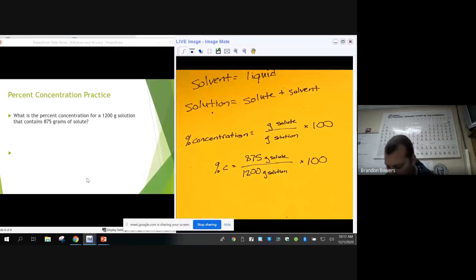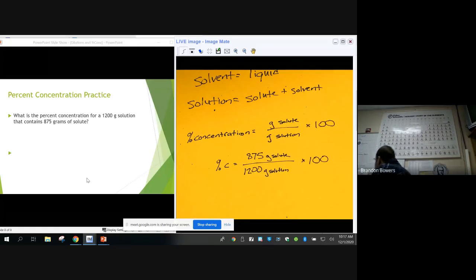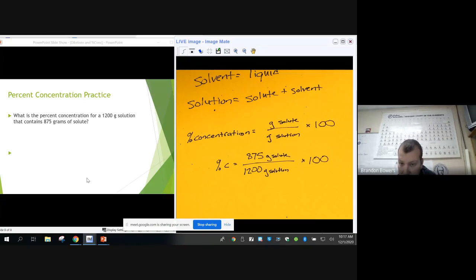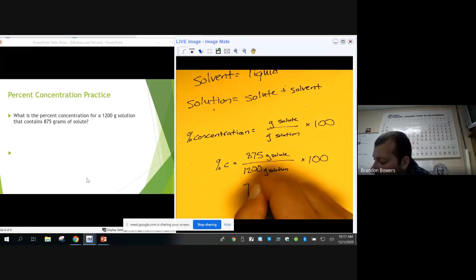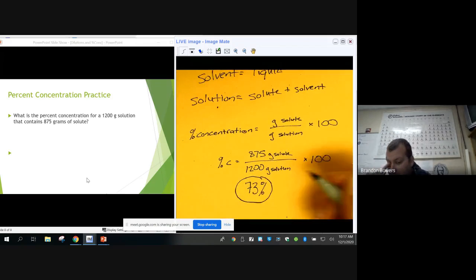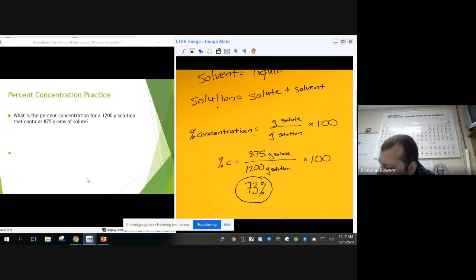So I'm going to plug this in the calculator real quick. 875 divided by 1,200 times 100. I got 72.9%. So I'm going to round to 73%. And that's how you solve these problems, okay? Grams of the solute over the grams of the solution, okay?